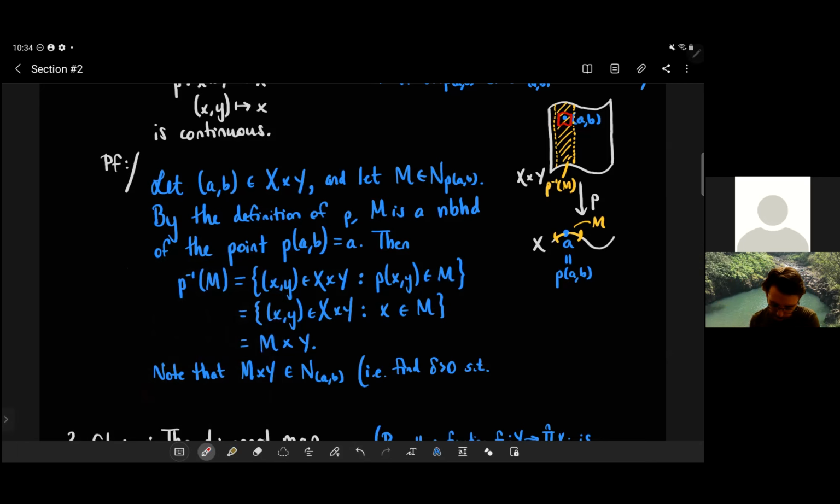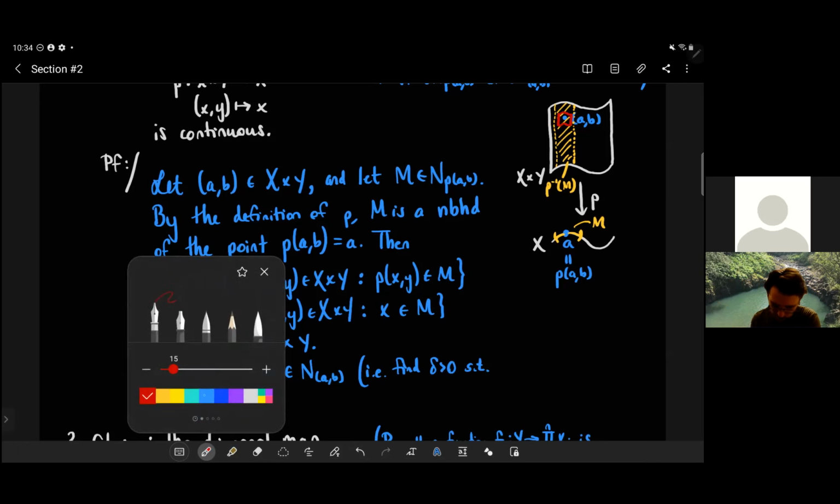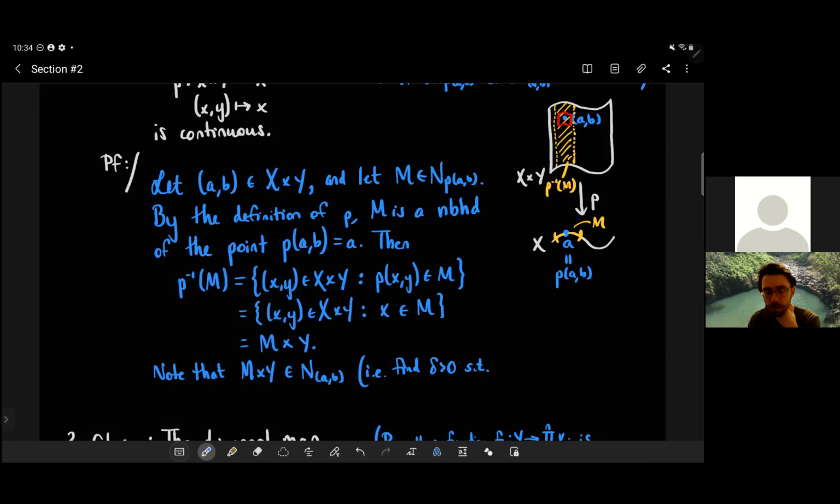Depends what your metric is, but it's usually what we do for simplicity. So what was I saying? Find delta greater than 0 such that this ball around the point AB of radius delta is contained in the pre-image. So contained in M cross Y. But that's not too hard to do, right?